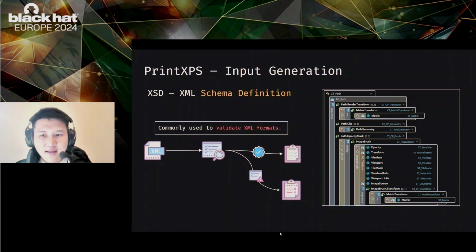We found that the document includes an XSD field, which is typically used for validating XML formats. Can we review the process and use the XSD to generate the XML?